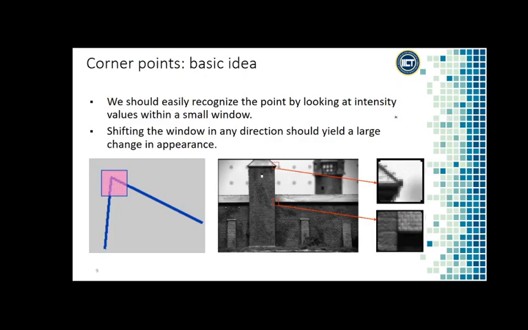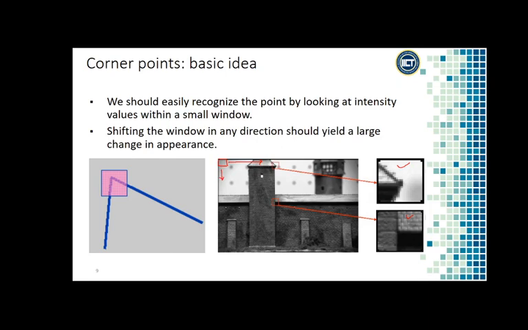So the basic idea is that we should recognize the point by looking at intensity values within a small window. A small window is created, a patch. Yeah, this is a patch. This patch is kept here, and it will scan the image from left to right and top to bottom.